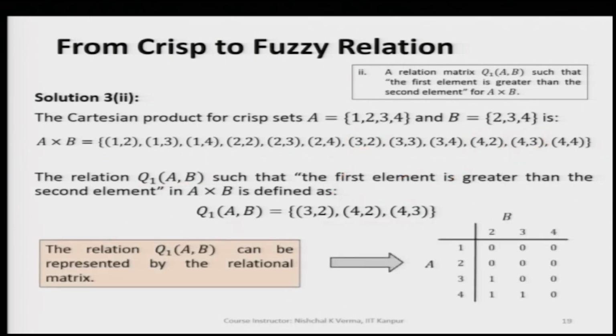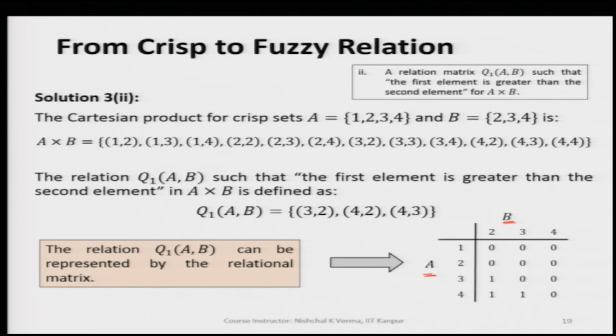Now, let us form a matrix. Relation sets can also be represented by the relational matrix. If we have A like this and B like this, with rows and columns, then based on that the relation can be written in the form of a matrix.